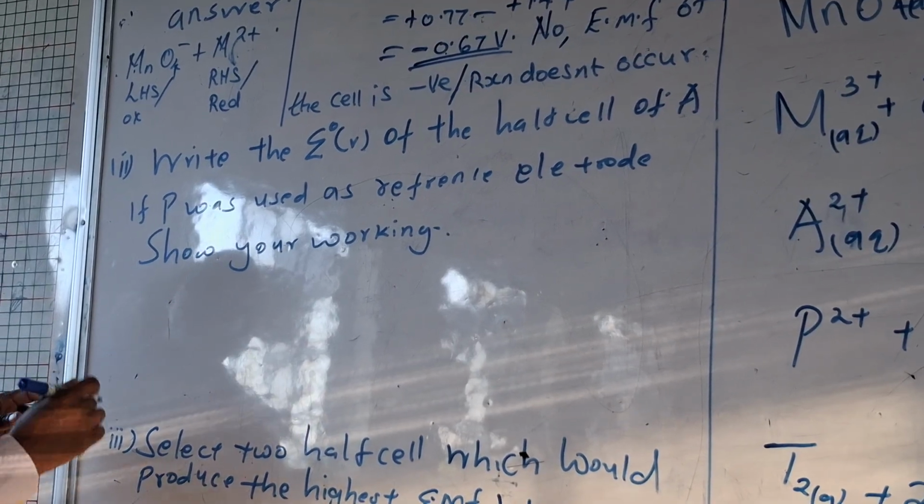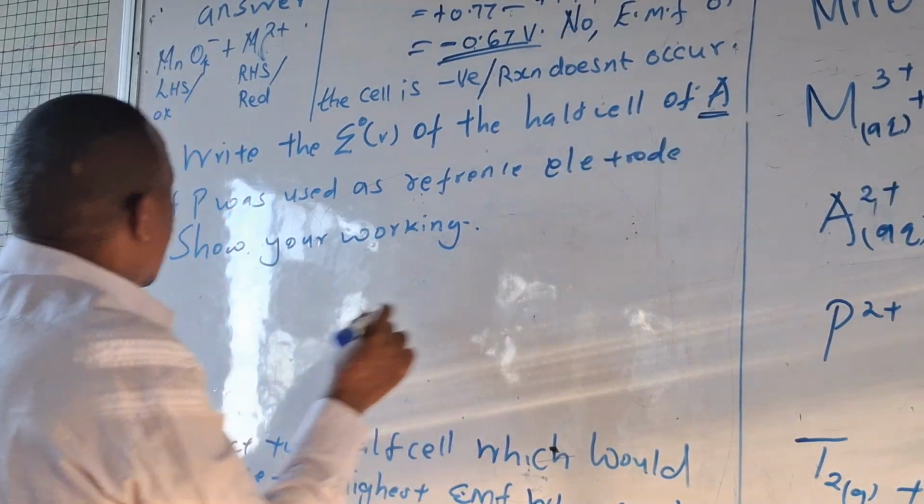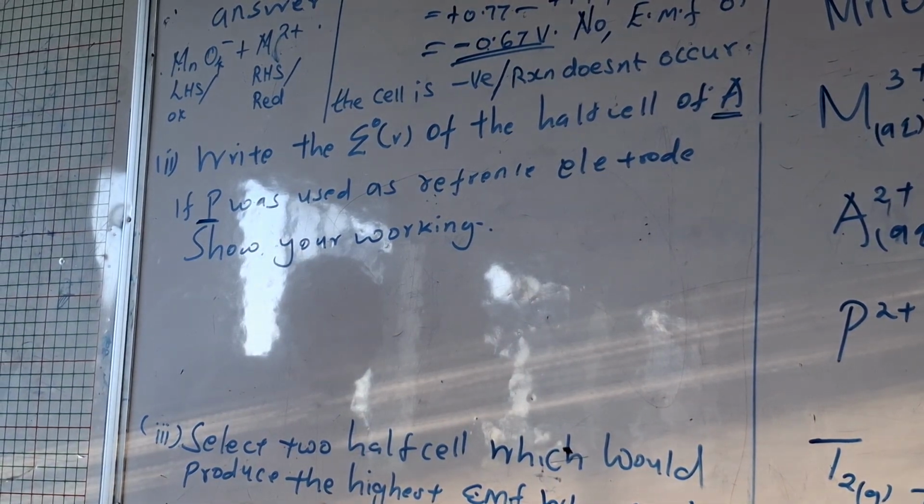So in this case, it will be the electrode potential of A less that of P, because P is the reference electrode.